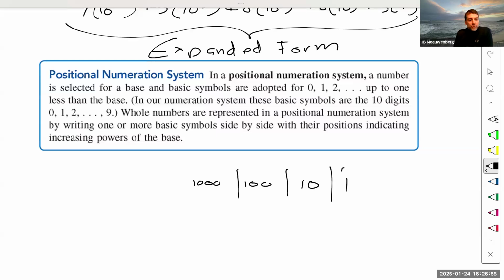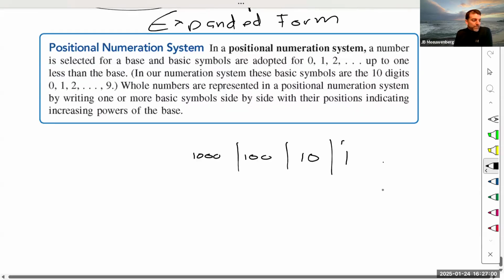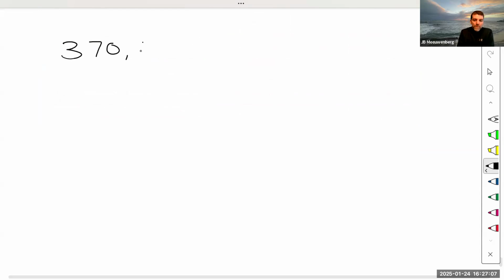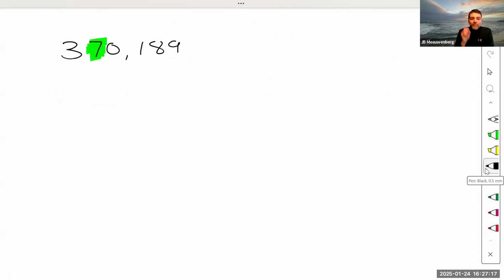So just to make sure we do understand this, if I write a number like this, and I highlight one of the numerals like this right there, what is the value of that numeral?